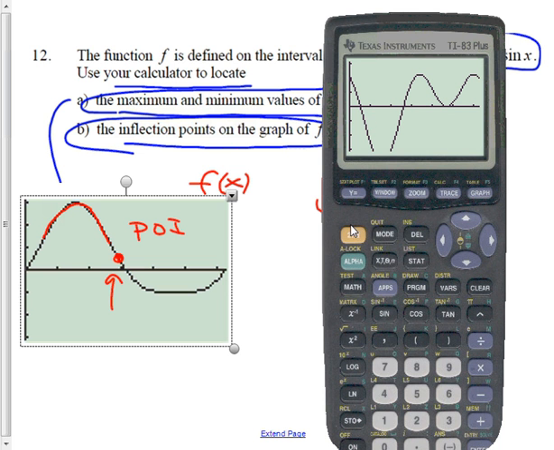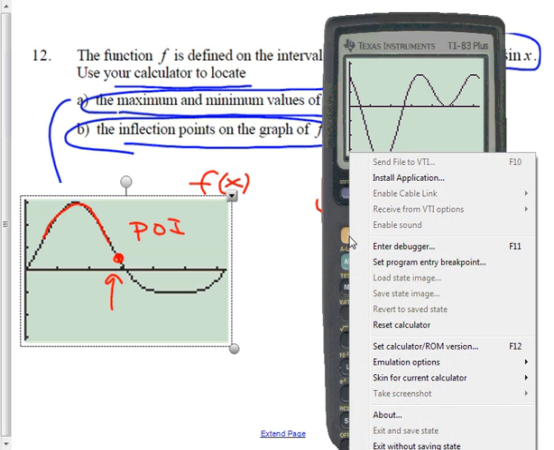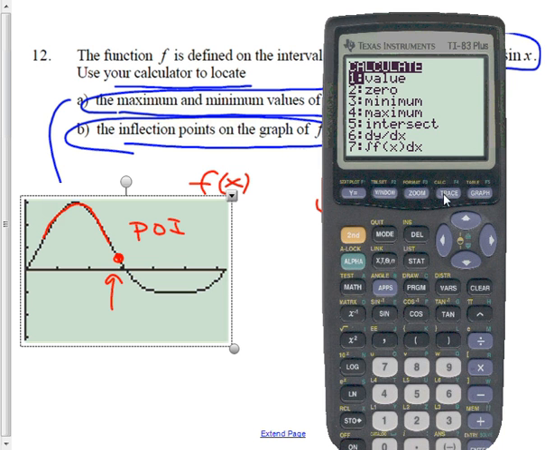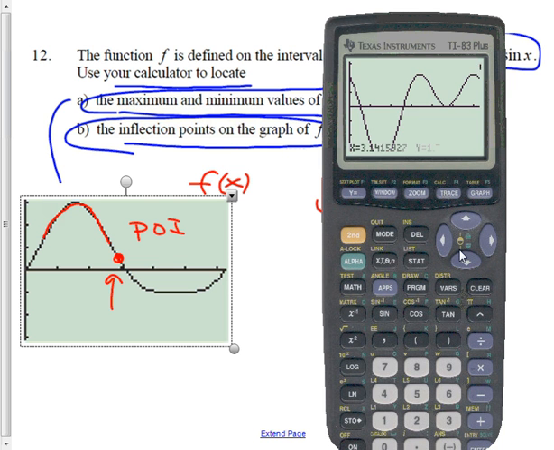So finding this first point, we go second calc, find the 0. We might as well find this one since we're near it. We go to the left, to the right, guess. I'm just going to give us the 0.